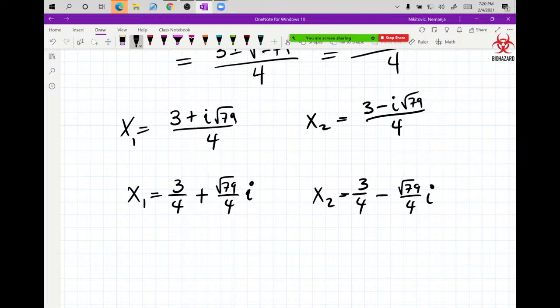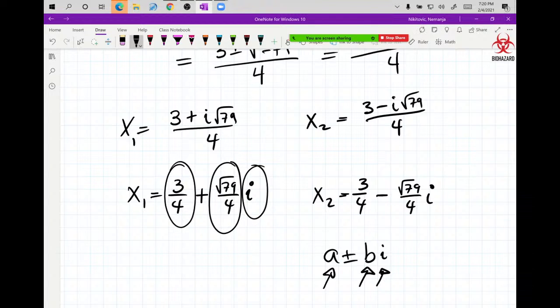Now they actually look like complex numbers because you have your a plus minus bi, a number, and then i, a number, i. So they are complex numbers in this case. And they're complex conjugates because one is positive, one is negative.